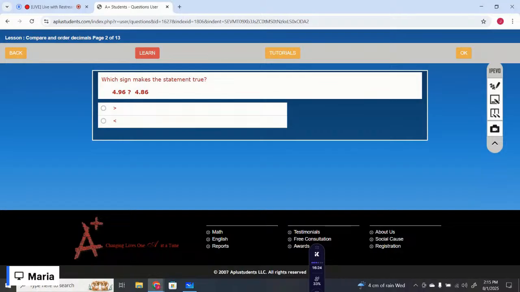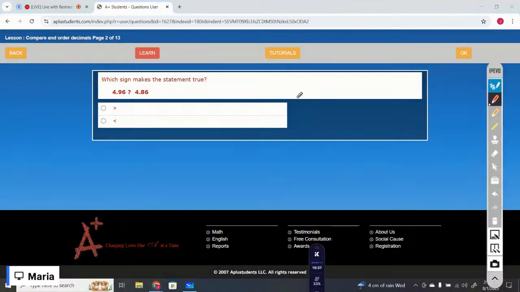Which sign makes the statement true? 4.96 and 4.86. So let's just look at the digits. Let's write them down in the place value chart, right?